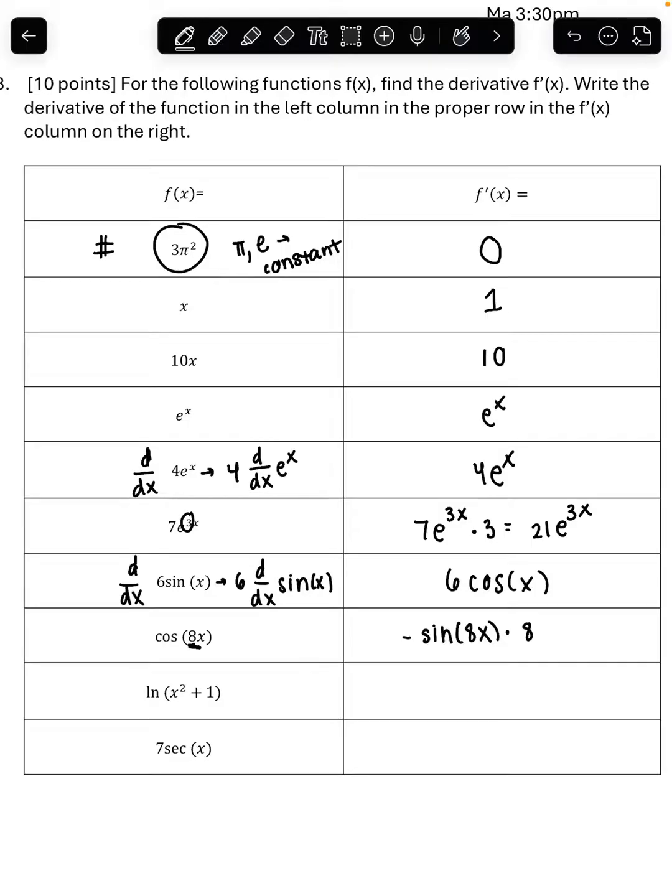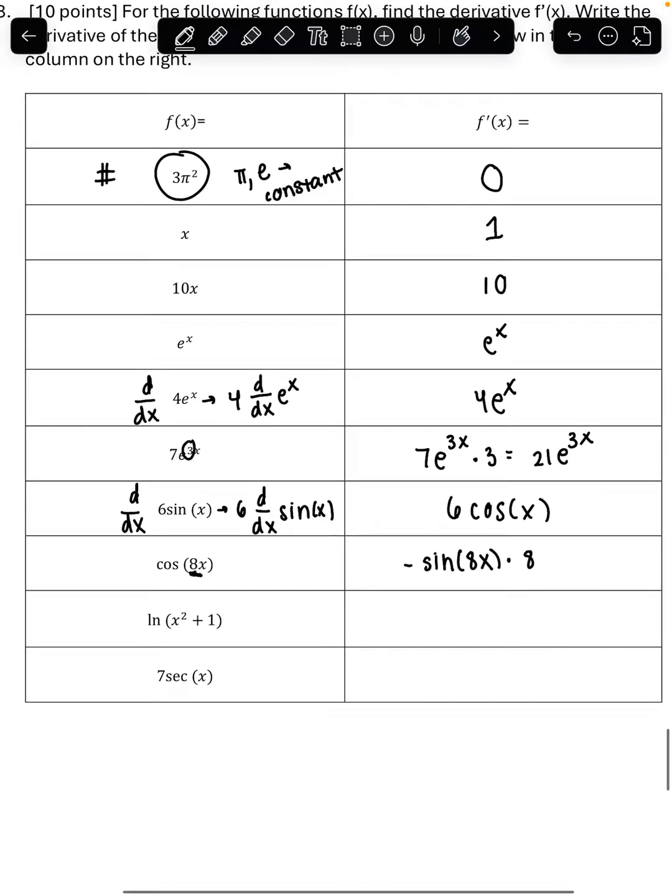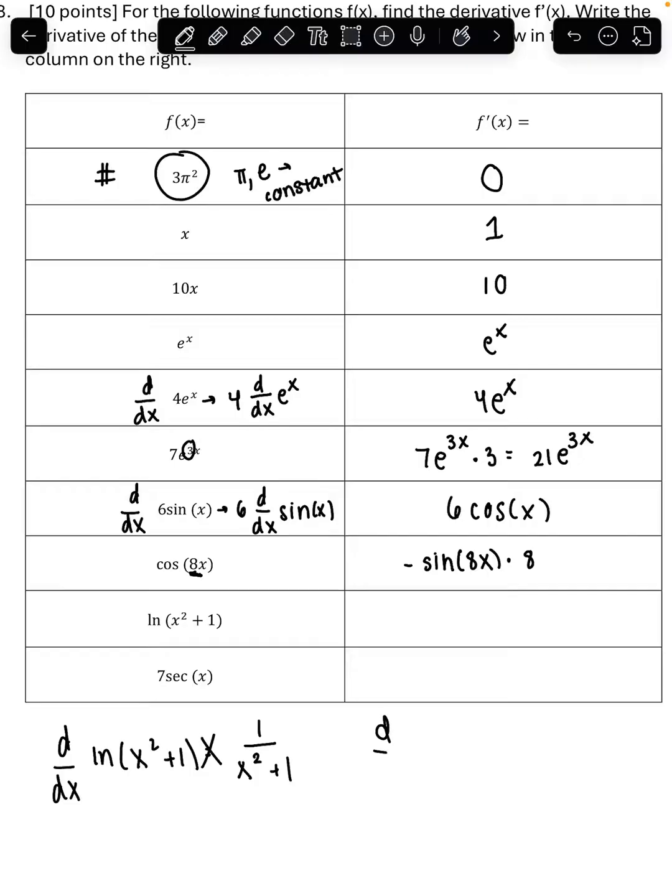All right, this next one we have ln. A common mistake I saw was people just saying that the derivative of this guy was just this. You're close. So the derivative of ln of x is 1 over x because it's the derivative of x divided by the original function.